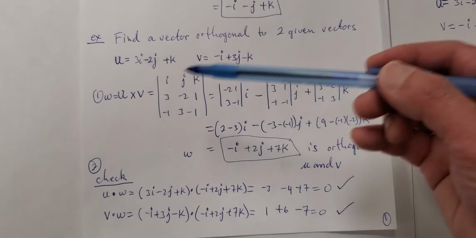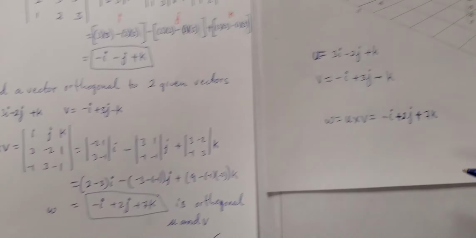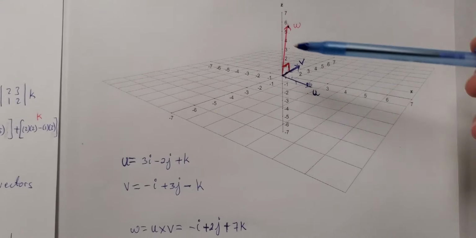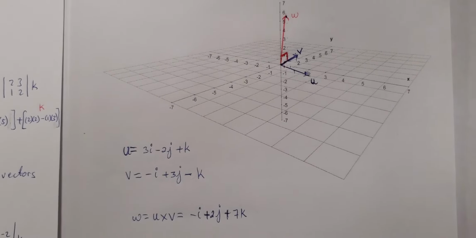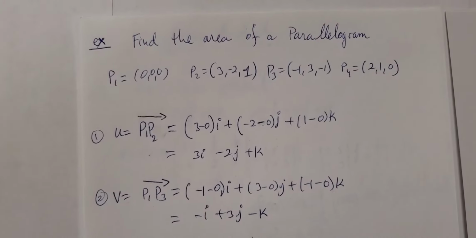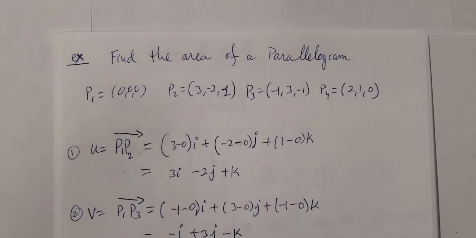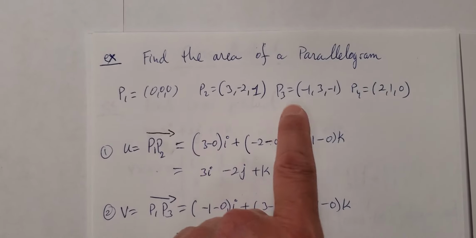Again, this example is this graph. All right, and the last example, we are trying to find the area of a parallelogram with 4 points.